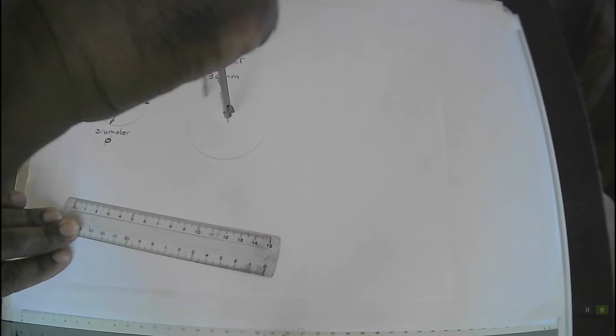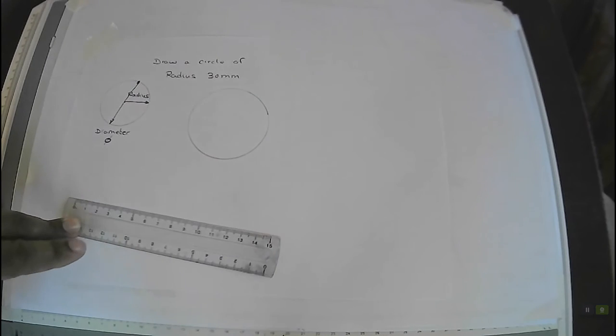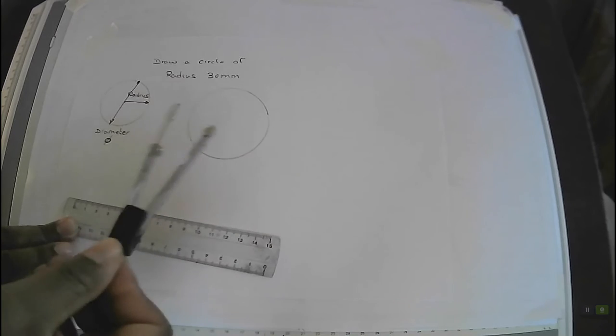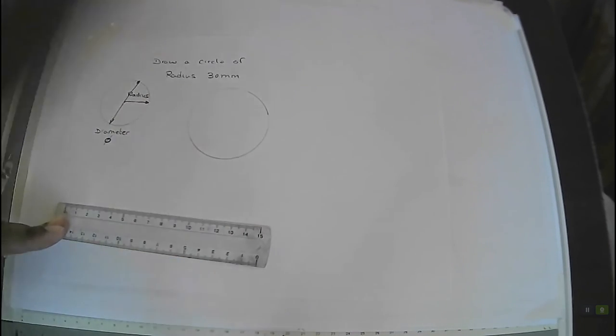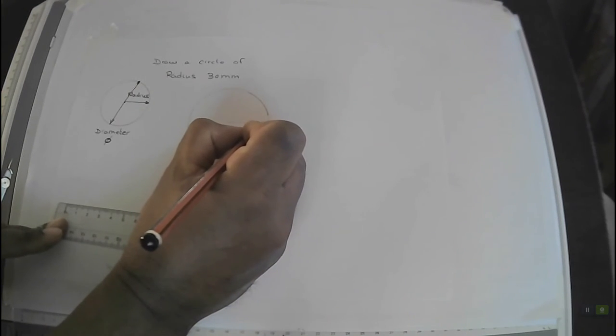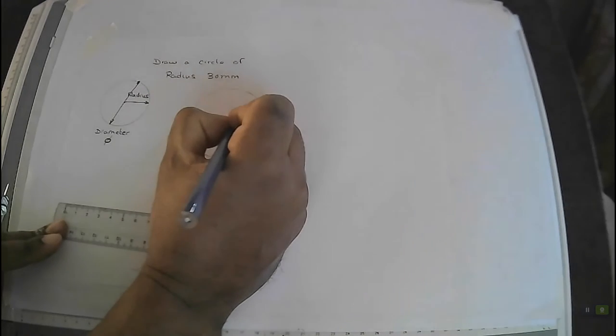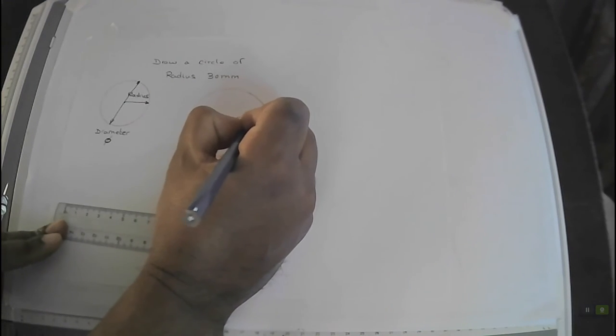Now I can put the compass on the paper and make a circle with a 30 millimeter radius. From the center to what we call the circumference, there is a radius of 30 millimeters.